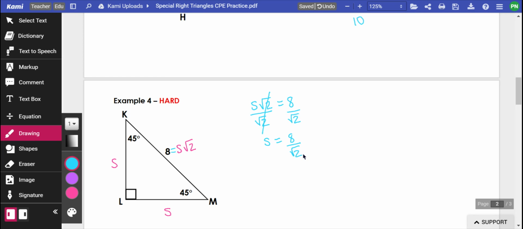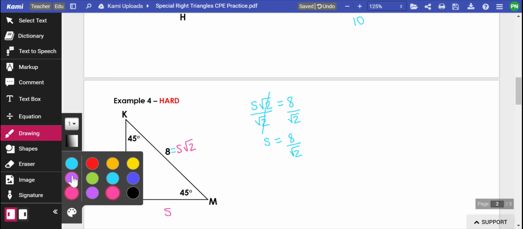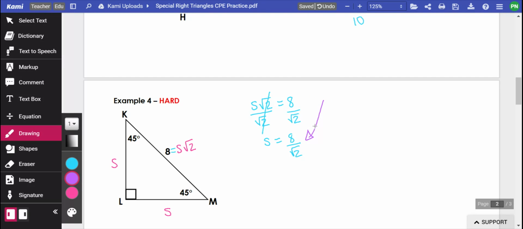And some of you who paid attention to the other Edpuzzle on rationalizing might notice that this is a big no-no. We are not allowed to have this, because it is not simplified.